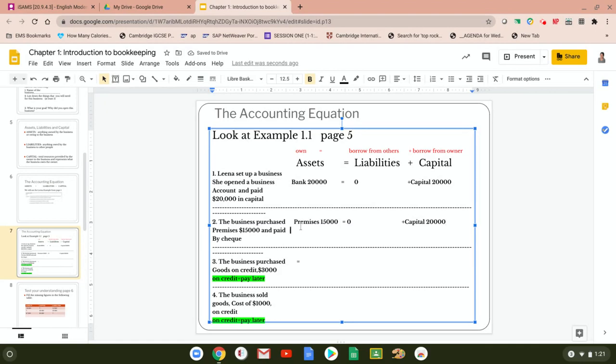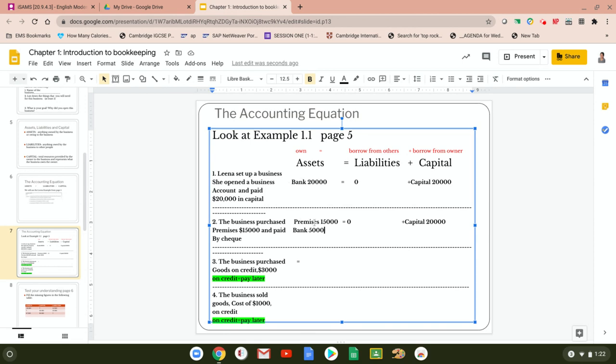So where did we get the money from? Naturally, we got it from the bank. So instead of now having a bank of 20,000, we now only have a bank of 5,000. And why is that so? The first transaction here, your bank is 20,000. Now you use some part of the money to buy your own building.